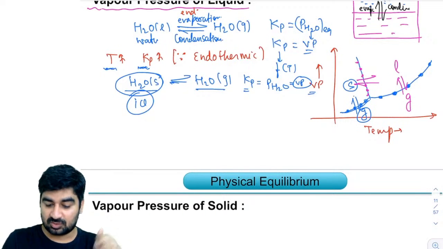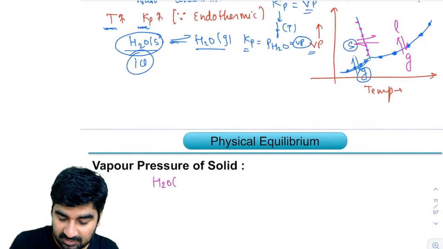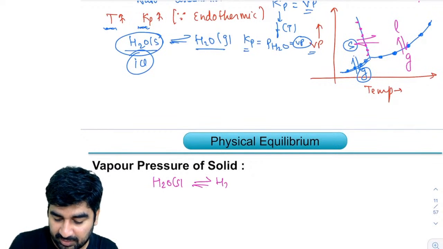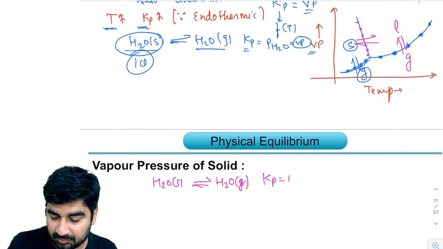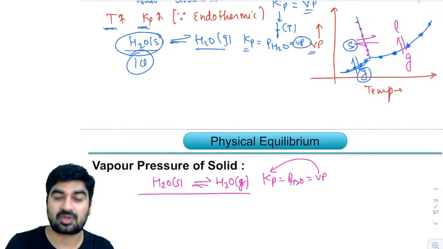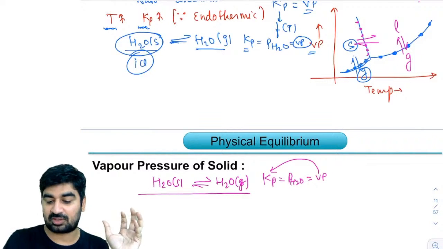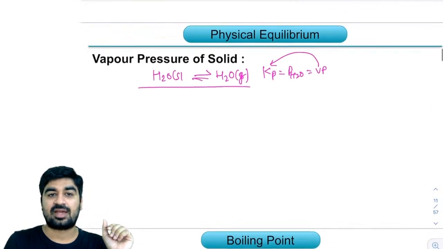Getting it? So guys, I have also explained the vapor pressure of solid now: H2O solid converting into H2O gas will give you the vapor pressure of solid. Okay guys, so this is called the triple point diagram. Any doubt?